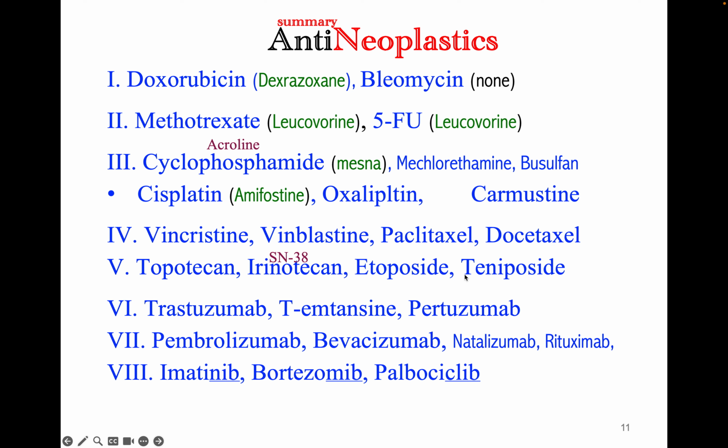This can integrate into the cell, and even after the patient is cured, they can get secondary carcinoma. Maybe after 30-40 years, patients can get secondary carcinoma with these two drugs. Remember that double strand breaking.